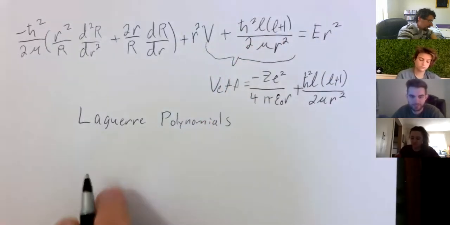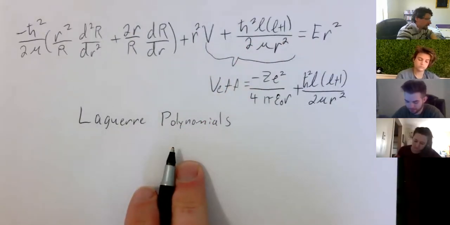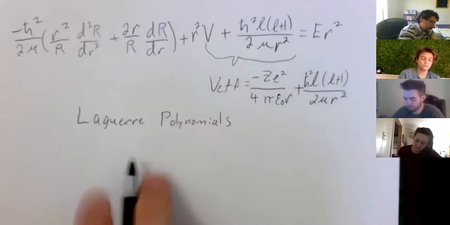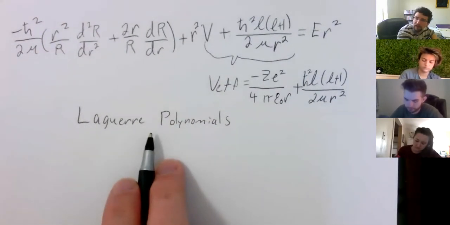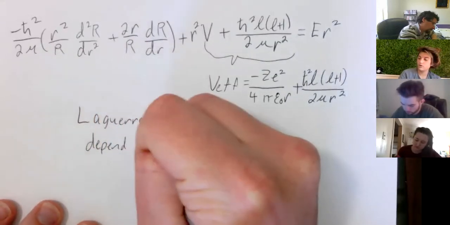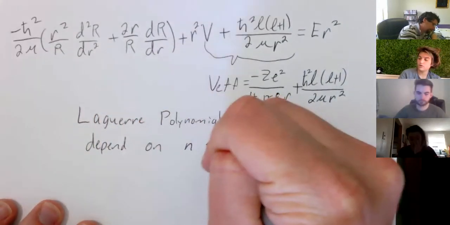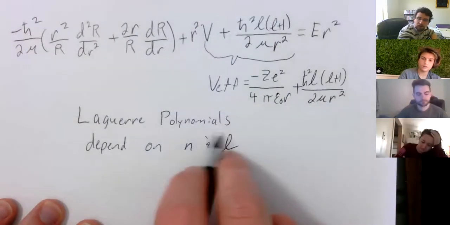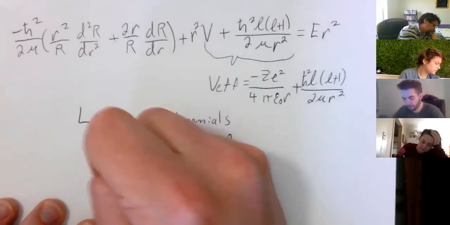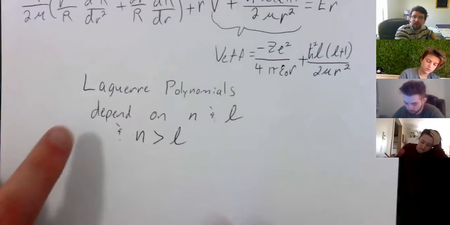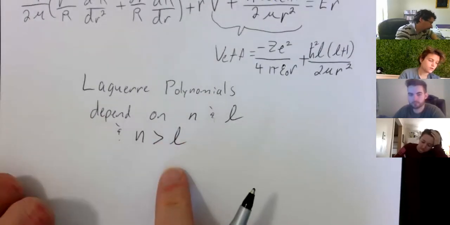It's different; Lagrangians are something else. And what do these polynomials depend on? They depend on n and l. And n has to be bigger than l. Those were the only rules that are mathematically set up.